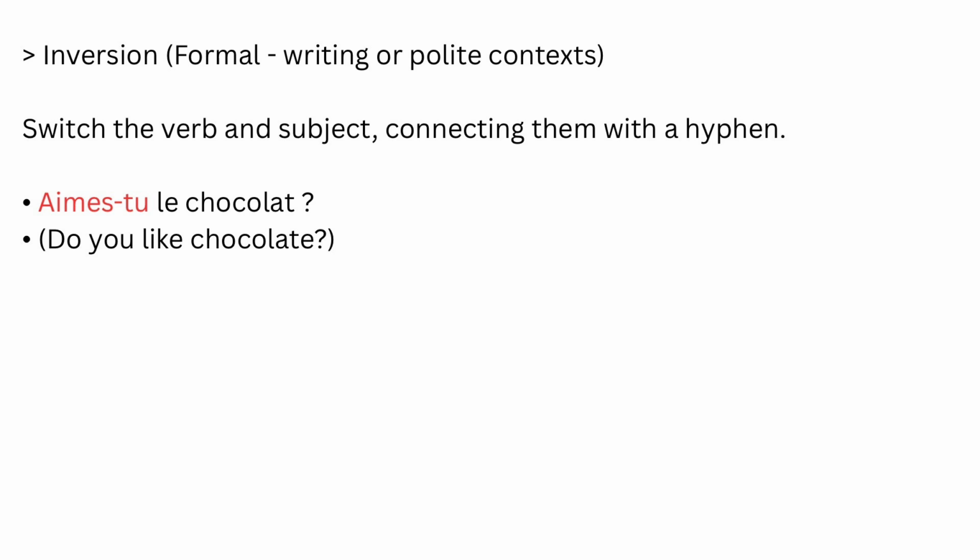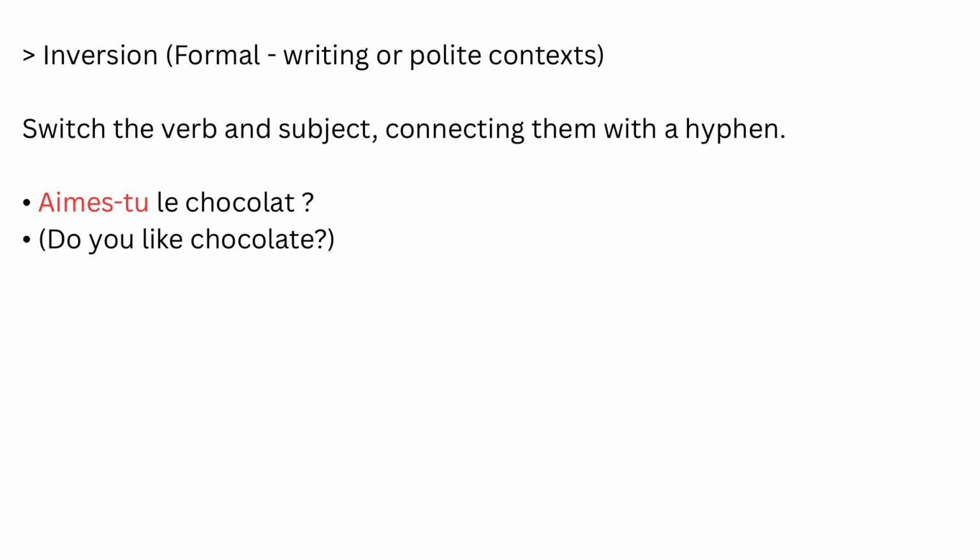The last method is inversion. This method is quite similar to English. I'll give you an example. He is your brother. If I want to change it into a question, I would say, is he your brother? What we are doing over here is we are exchanging the position of the subject and the verb.